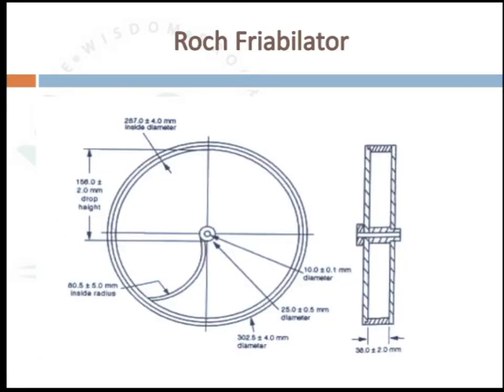So we produce abrasion and shock by rotating this plastic chamber at a speed of 25 rpm for 4 minutes, a total of 100 rotations, so that they produce a shock action by dropping from a height of 6 inches in each rotation. After the 100 rotations we weigh and find out the weight loss of the tablets, and the loss should be within 0.5 to 1%.